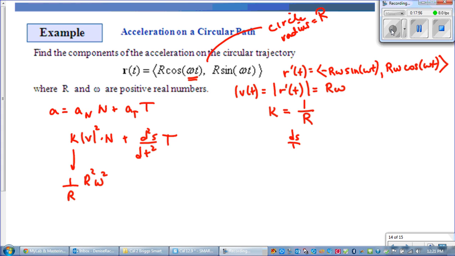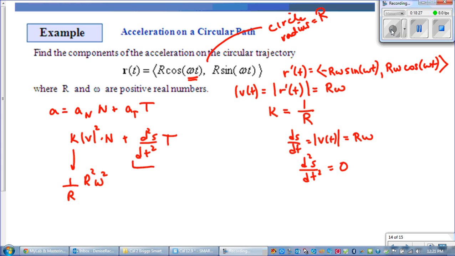Then ds dt, which is the magnitude of the velocity. Now if we're moving along a circle here, we have a constant velocity. The magnitude of the velocity is just r omega. So if we were to take the second derivative of that, since it's a constant velocity, the second derivative would come out to be 0.